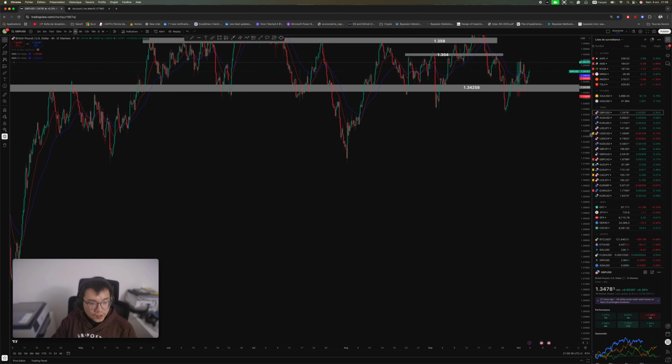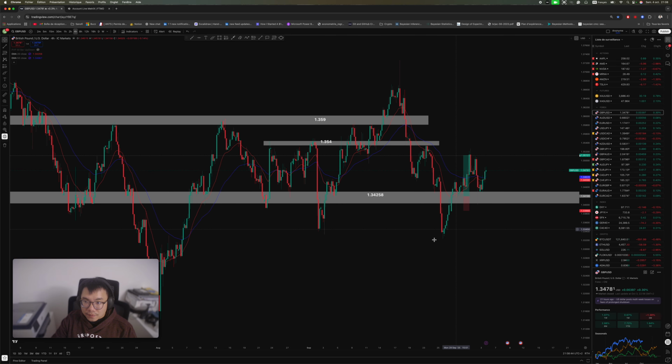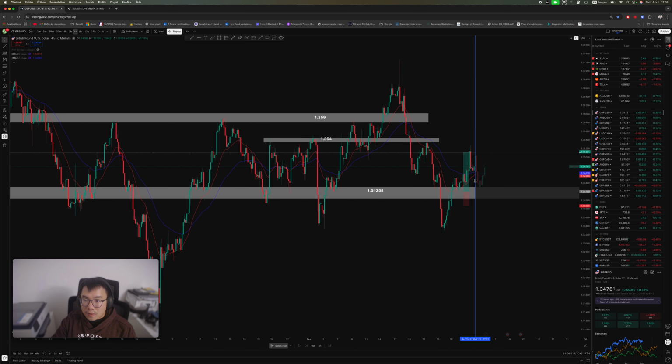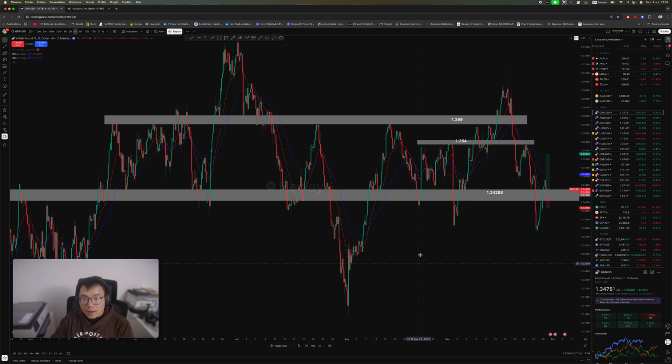The second step is that I marked out the key structure. Actually, when I took the trade, I think it was around here, something like that. For the second step, I need to mark down the different key structures and key levels, if you remember.